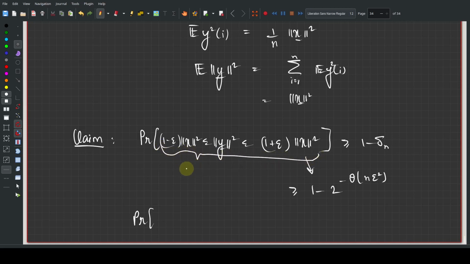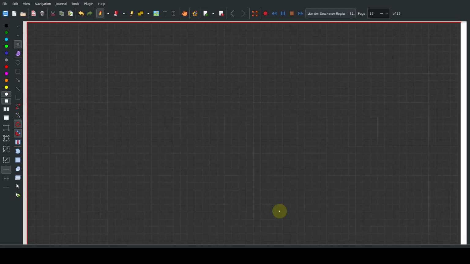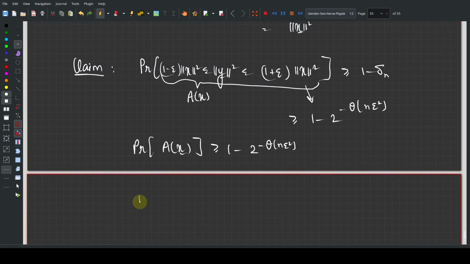Let me call this event A of x. So the probability that A of x happens for a given x is at least 1 minus 2 to the minus some constant times n epsilon square, or the probability that A of x does not happen is less than or equal to 2 to the minus some constant times n epsilon square.